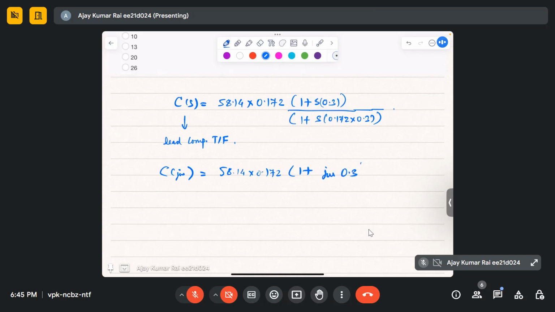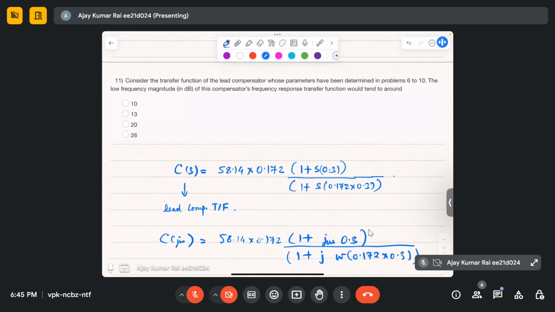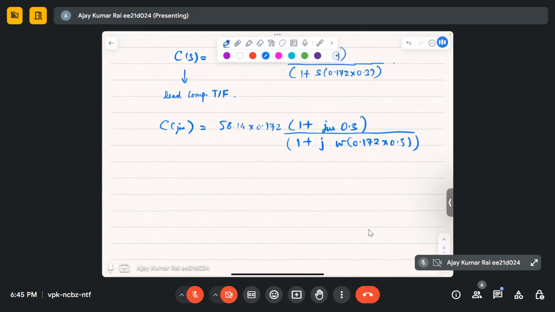So with 0.3 omega and 0.172, this is the sinusoidal transfer function, and we find the magnitude.